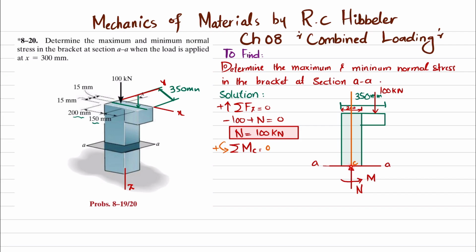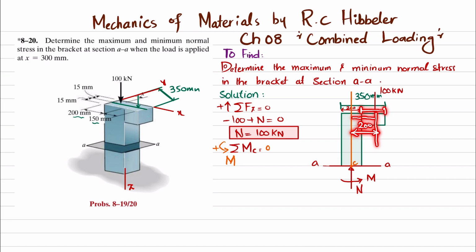About point C, one moment is the reaction moment M, which is counterclockwise, so it is positive. The other moment is due to the 100 kilonewton force and its perpendicular distance. You can see that this is 100 and this is also 100, that is 200.